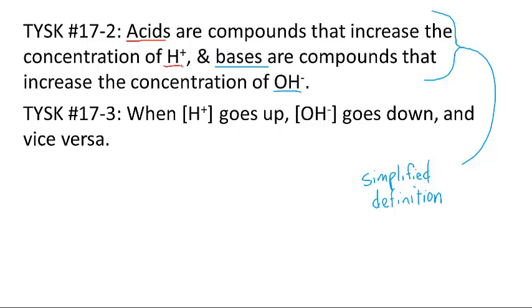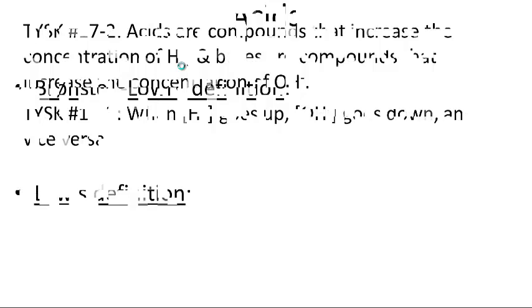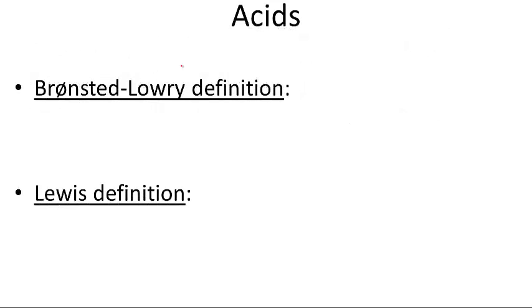But then we have some more specific definitions because there are actually different mechanisms by which you can change these concentrations. There's an old historical definition of acids called the Arrhenius definition, and I'm not even going to bother giving you that one because it's just a vocabulary word. It's just some old, hard-to-spell name. But the two definitions that come up most would be the Bronsted-Lowry definition and the Lewis definition.